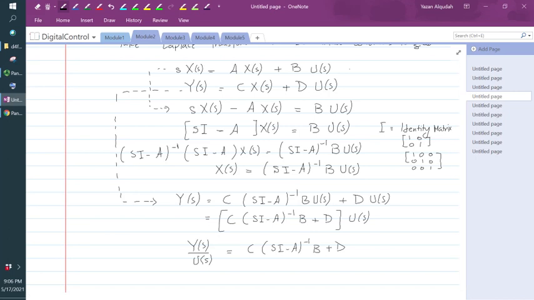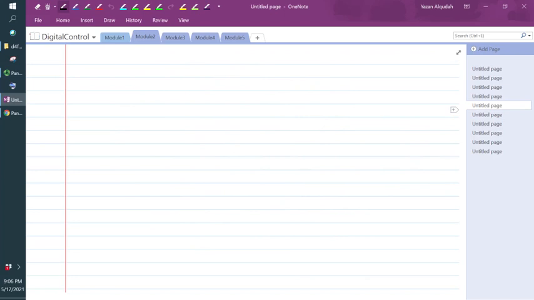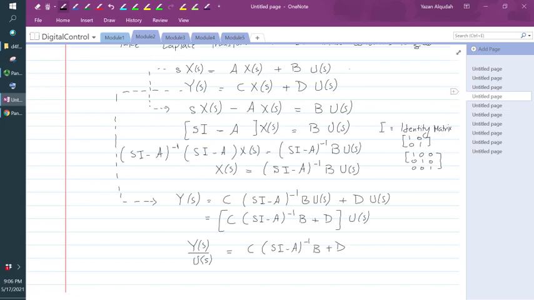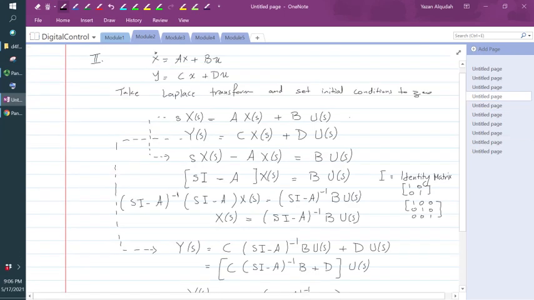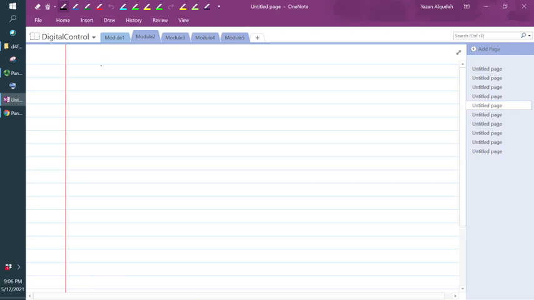Okay, so let's go back to our example and plug in some numbers and see how we obtain the transfer function. Of course, in our example for the state space representation, the D was equal to 0. The output did not depend directly on the input. So for the example that we started with, the mass damper, the D matrix is null, it's empty.